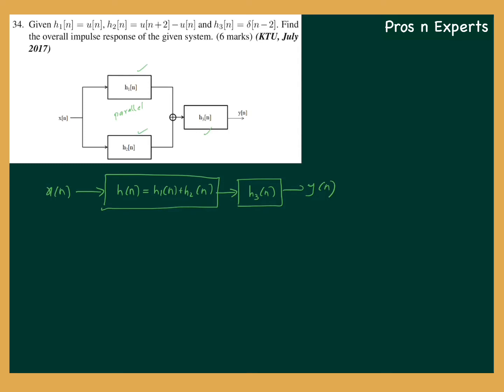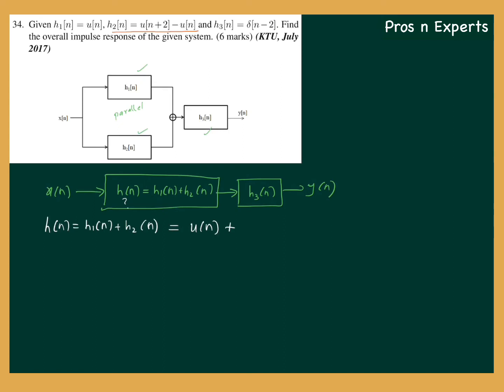So what is this h of n? h of n is equal to h1 of n plus h2 of n. h1 of n and h2 of n are given in the question. h1 of n is equal to u of n, plus h2 of n is given by u of n plus 2 minus u of n.